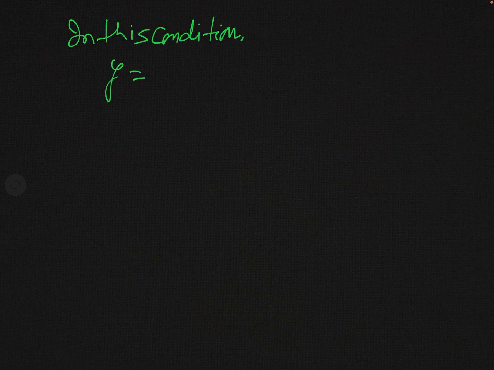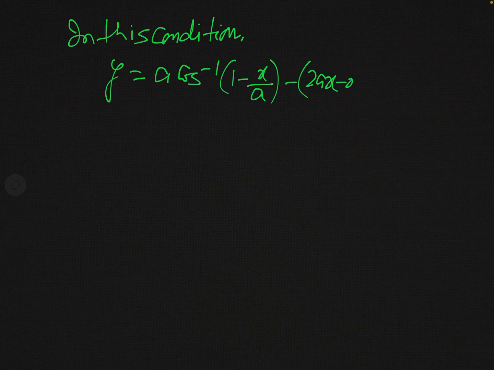So you can write in this condition, y is equal to a cos inverse of 1 minus x by a, minus 2ax minus x square whole to the power half.